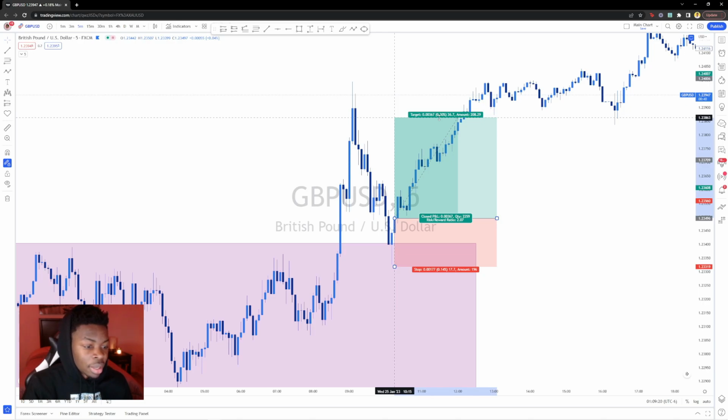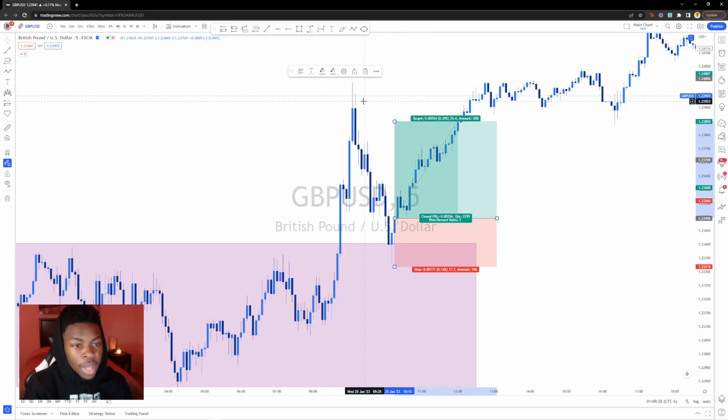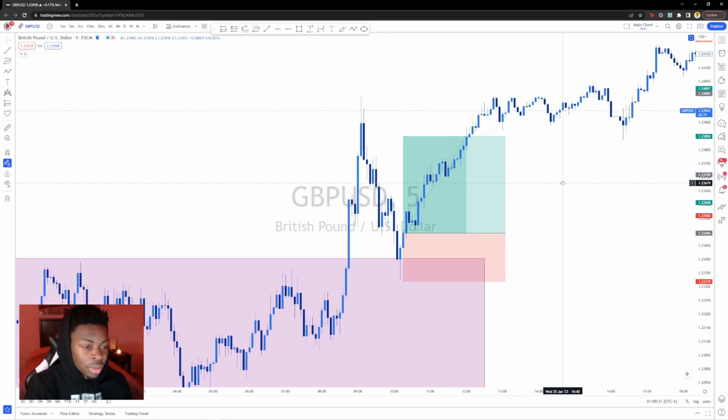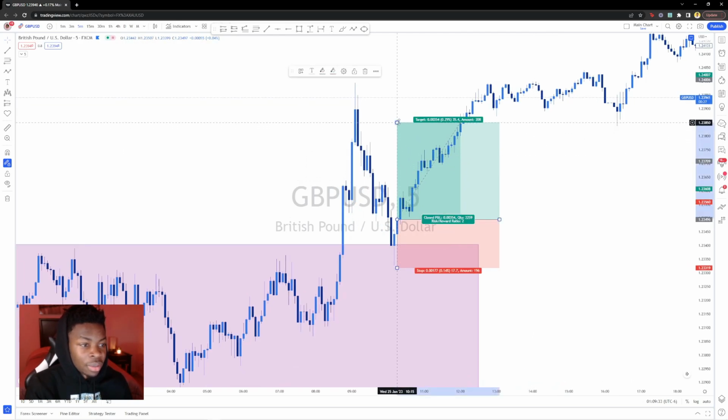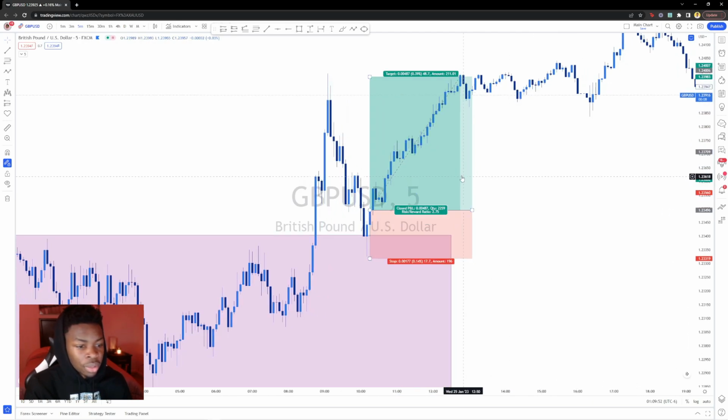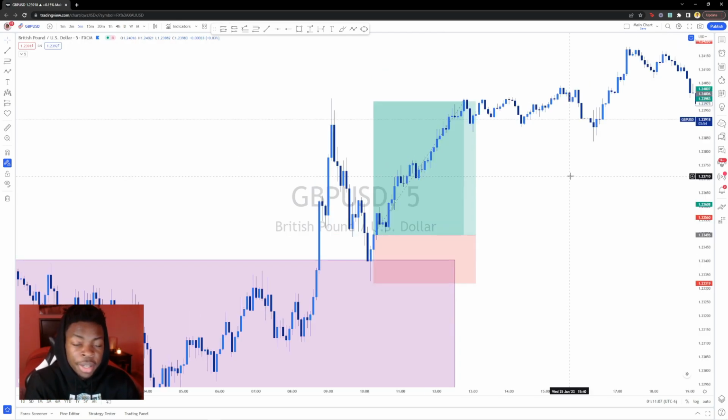I will usually go for 1 to 2, only if I don't see any visible resistance zone that I can identify. But if I see one, I will aim for the wick of the candle right here, which will put me at a 1 to 2.75 risk reward ratio, which means on one standard lot, I'm risking $170 in order to make $480. So that's how I personally trade supply and demand zones.